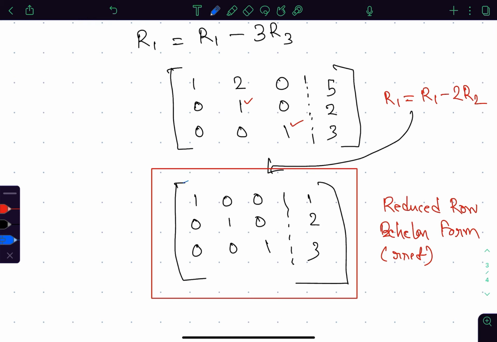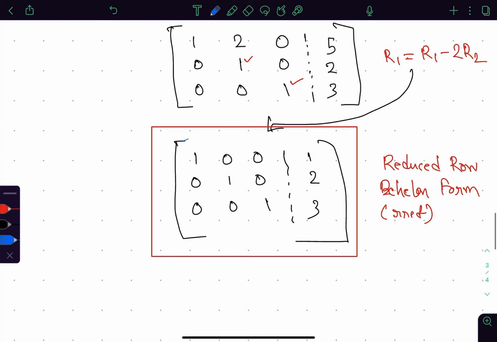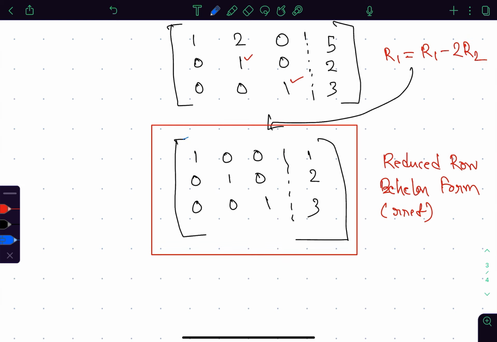We have reduced it as much as we can, and the RHS part of the augmented matrix is now giving us the solution of the system of linear equations. So the solution to this problem is x equals 1, y equals 2, and z equals 3.